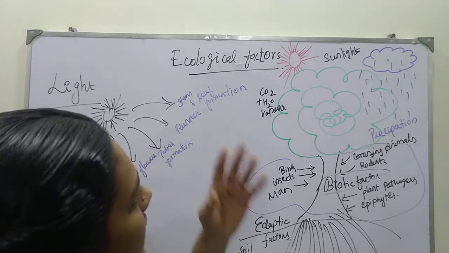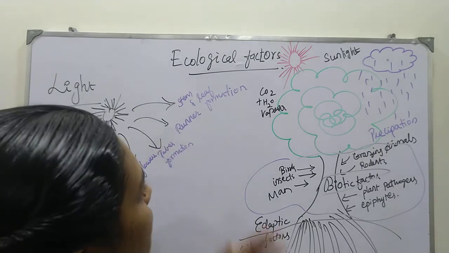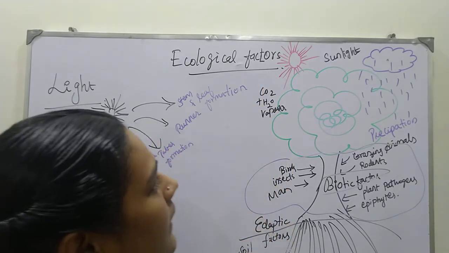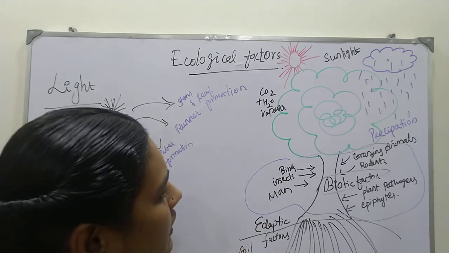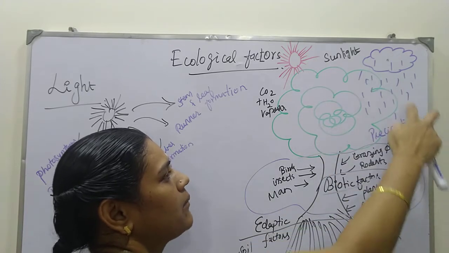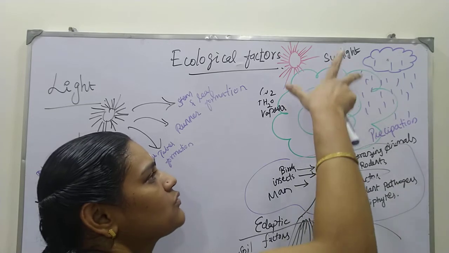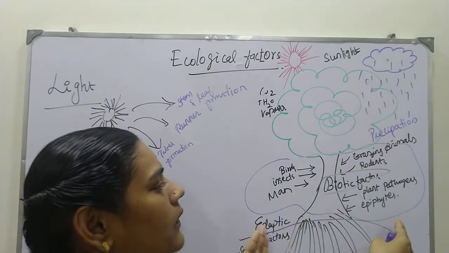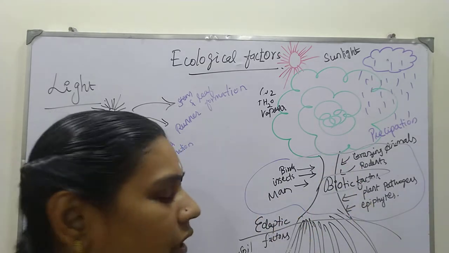These factors of an organism are called ecological factors or environmental factors. In the tree I have drawn here, these are the abiotic items, components or factors coexisting with this plant, and also biotic organisms and edaphic factors coexisting with this particular organism.